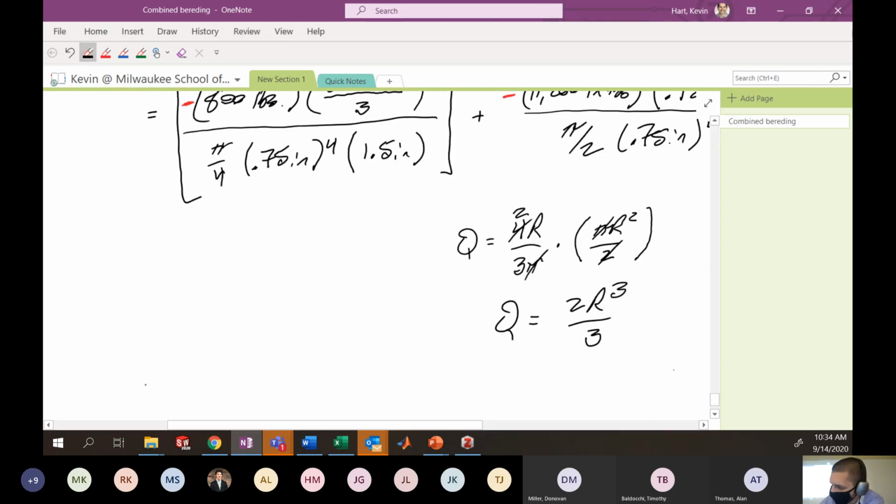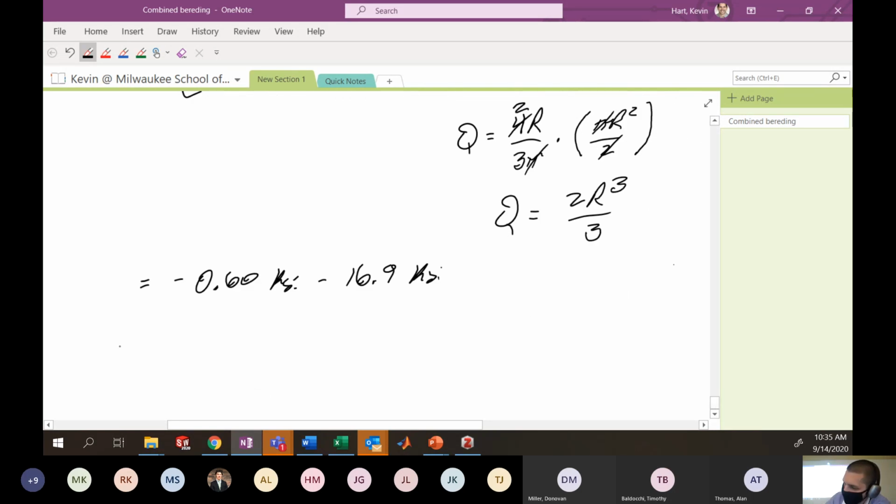All right. So all said and done here, my contribution from the transverse shear after calculation is 0.60 KSI. My contribution to the shear from the torsion is going to be minus 16.9 KSI. So when all said and done, my shear stress at A is going to be negative 17.5 KSI.